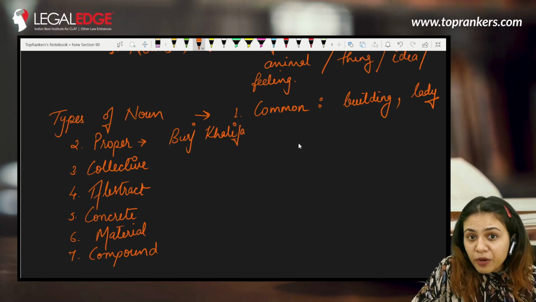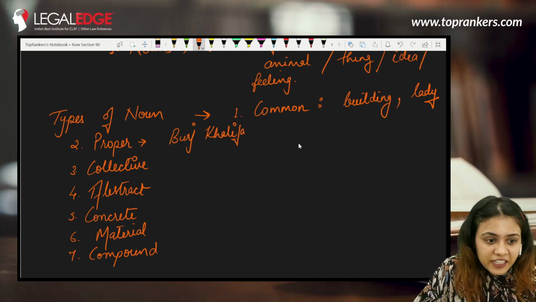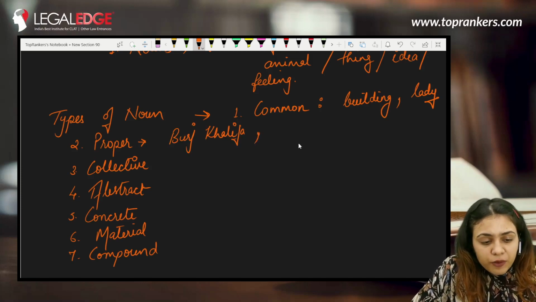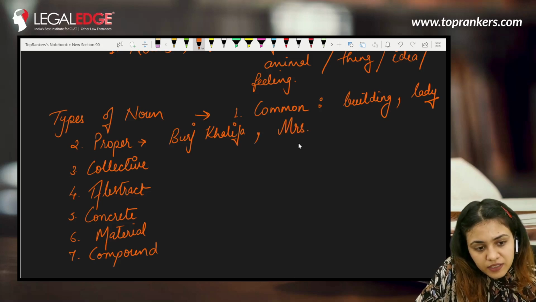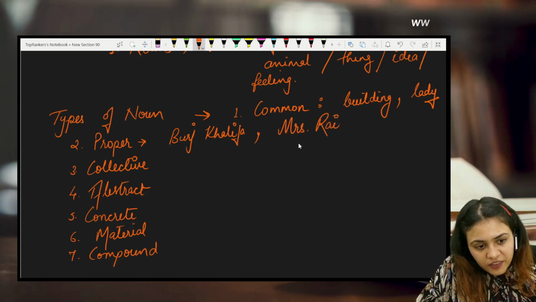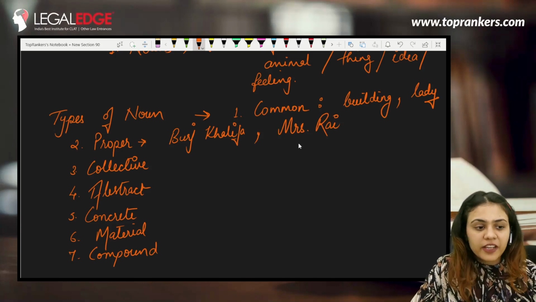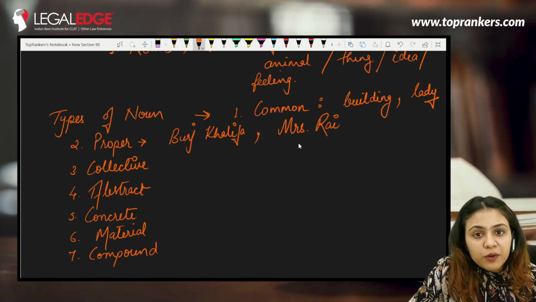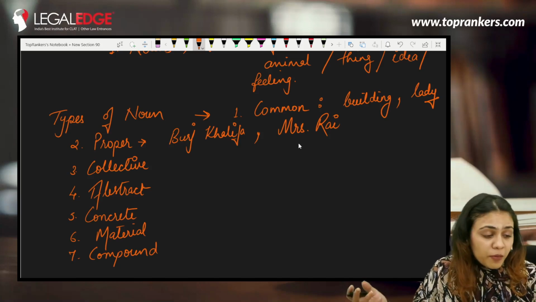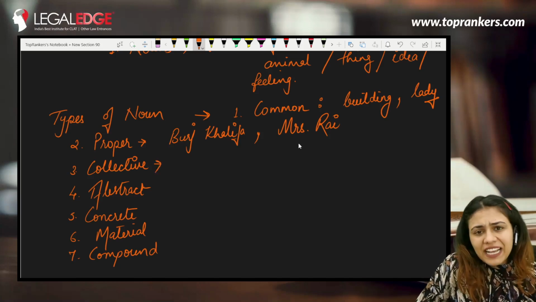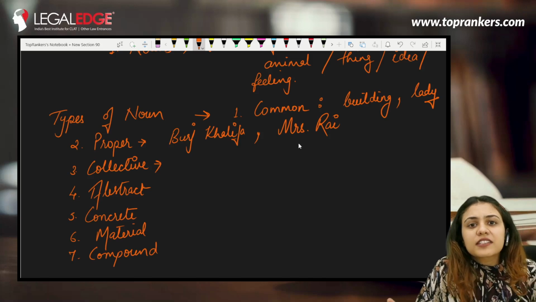Now, am I talking about a specific building? Definitely yes, right? What about lady? What if I say it's Mrs. Rai? Now, again, the lady has become somebody specific. That is basically what proper nouns do.